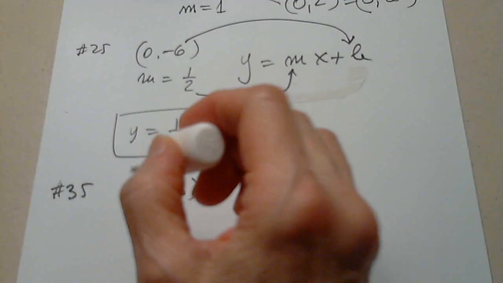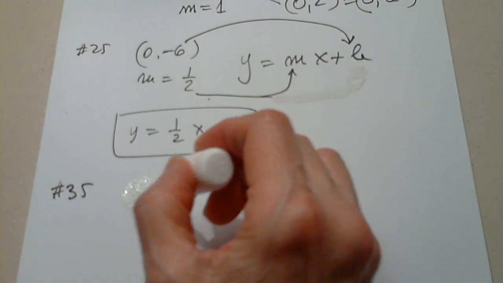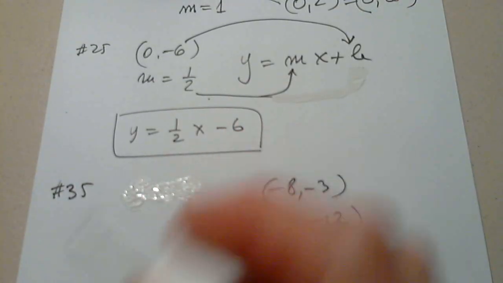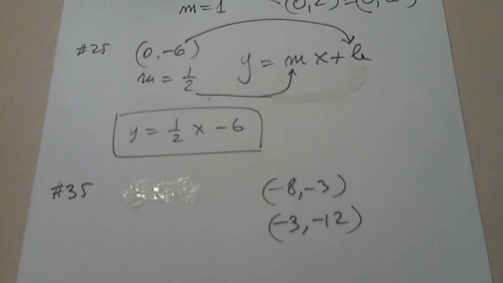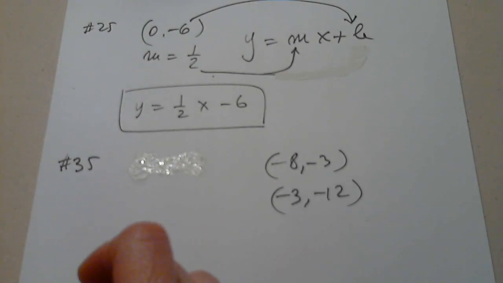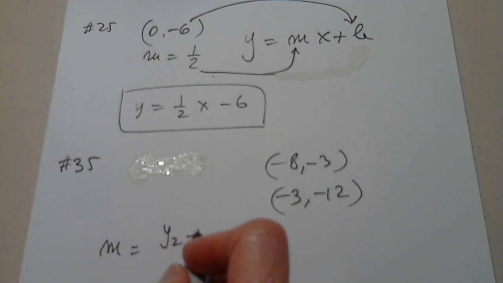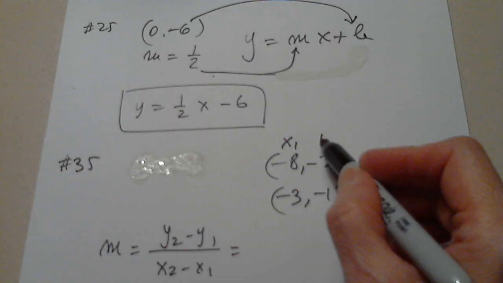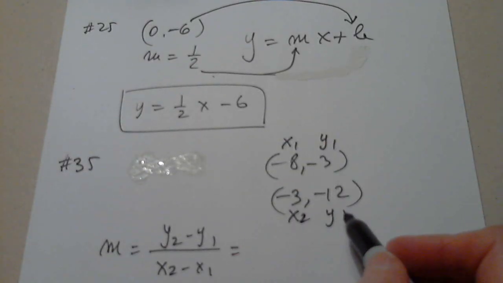what first? We need to find the slope. Very good. Yes. y2 minus y1 over x2 minus x1. Just write it as x1, y1, and x2, y2.